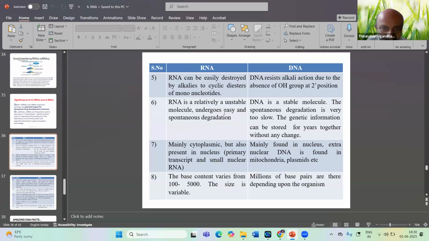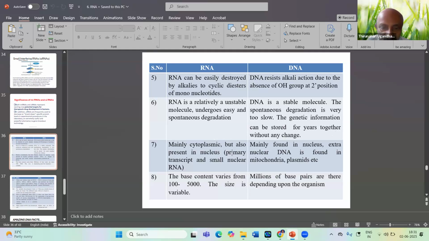RNA is a relatively unstable molecule that undergoes easy and spontaneous degradation. DNA is a stable molecule. The spontaneous degradation is very slow. The genetic information can be stored for years together without any change.